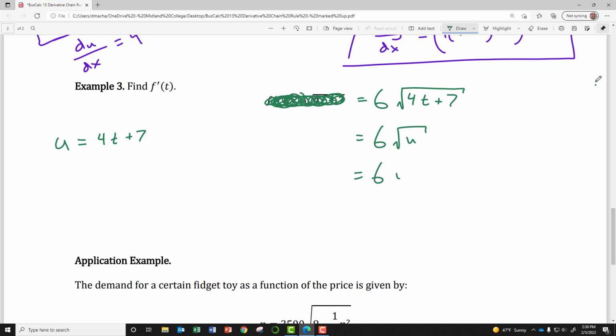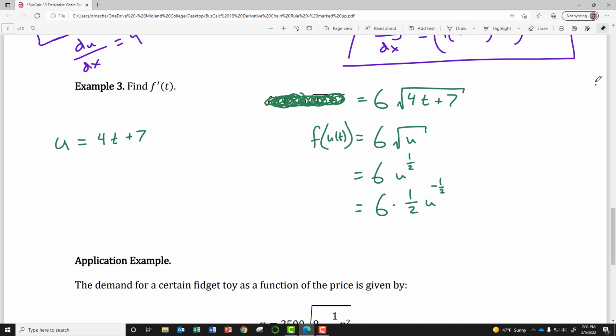And this, again, is u to the 1/2 power. And my derivative power rule tells me that this is going to be 6 times 1/2 times u to the negative 1/2 power. So very good here. And what I've done is I've actually said this is my f function.